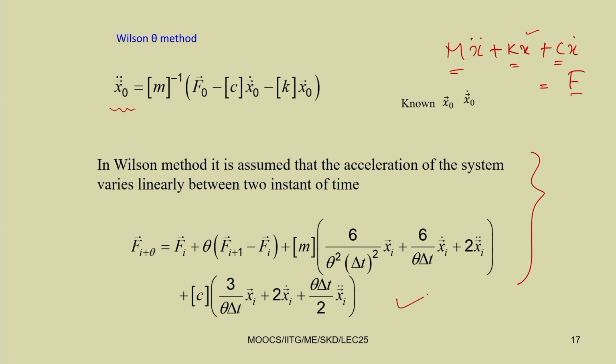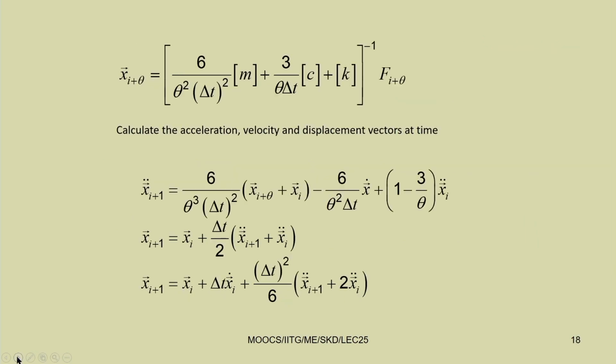This way, for the next iteration, this force field or the load vector can be found using this equation, and x I plus theta can be written using this equation: 6 by theta square delta t square into m plus 3 by theta into delta t into c plus k, the inverse of this, into f I plus theta.